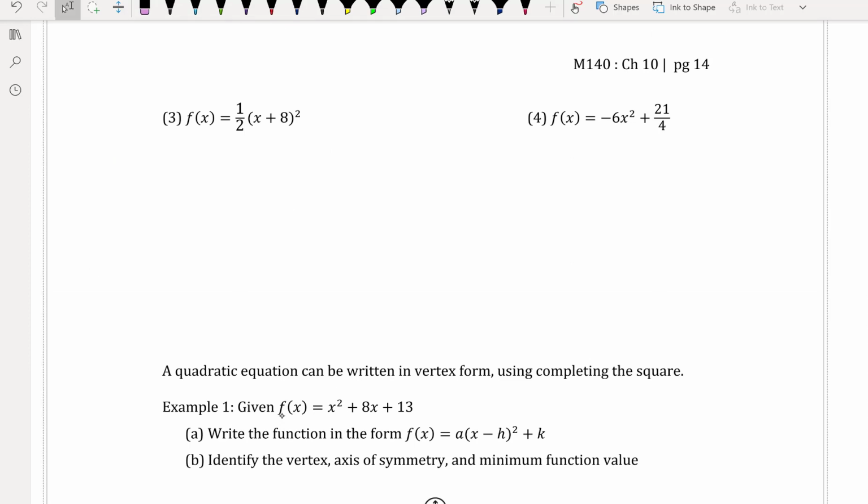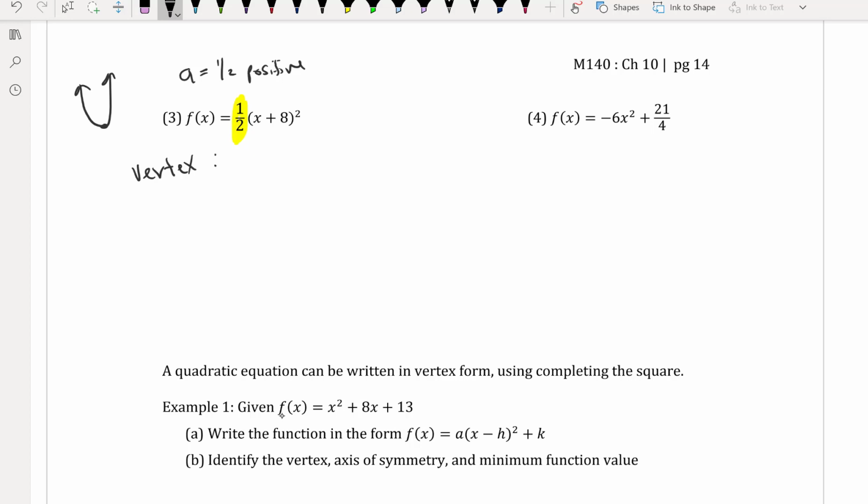And we're going to do the exact same thing for number 3 and number 4. So for number 3, it's easy to tell what the a value is going to be. So a is equal to 1/2, which is positive. If we have a happy positive parabola, that tells me that my vertex is going to be a minimum point.